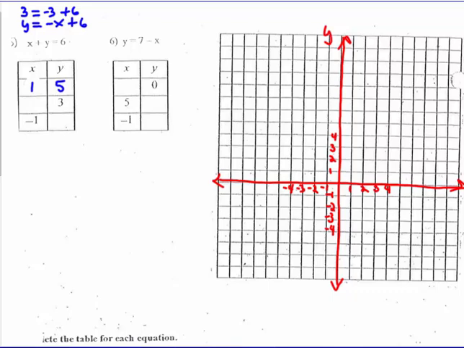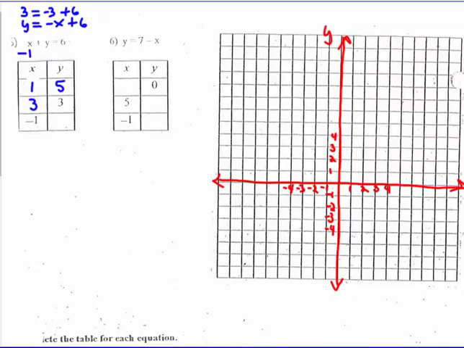So negative x, the opposite of x, right? So I'm going to take the opposite of that and call it 3. So yes, probably was easier to do it this way. 3 plus 3 equals 6. Yes, I know that. And a -1, maybe not solving it for y would have been easier this time. I just like solving it for y.